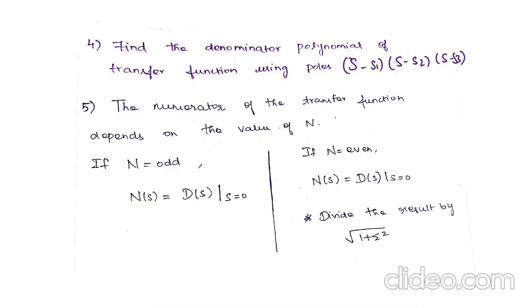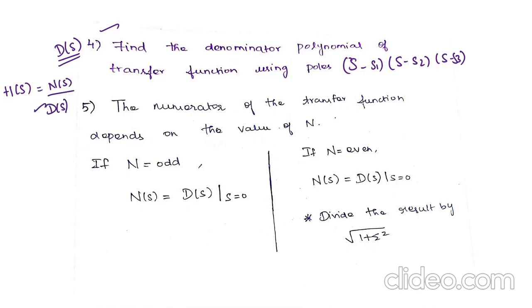Okay, so now we have calculated d of s, that is the denominator of the entire transfer function. We will represent the transfer function h of s as the numerator, n of s, divided by the denominator, d of s. Now we have calculated d of s here.